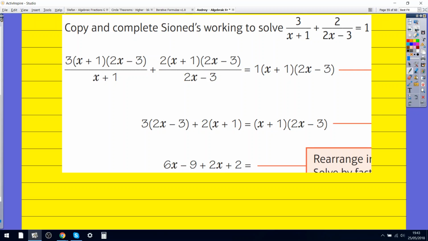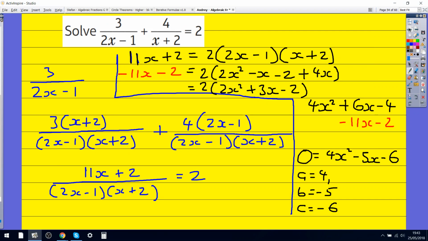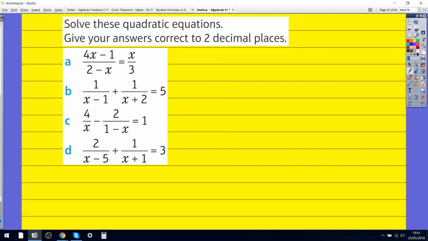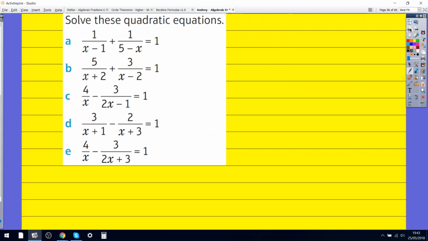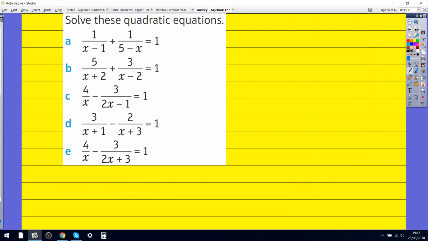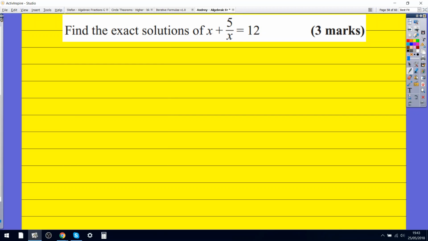Let's see. Let me just see what we just did. So we did one that was 2 linears on the bottom. So we did harder ones than that. Let me just check. So we did adding 2 linears. So that's that. Okay, how would we do this? The exact solutions. Does that just mean like solve what x is?